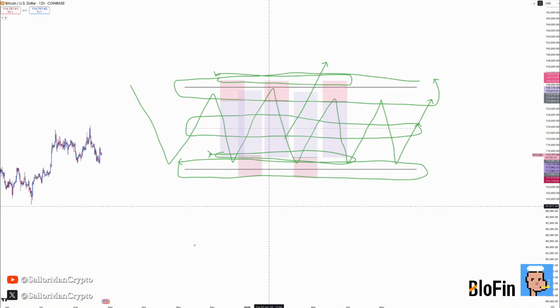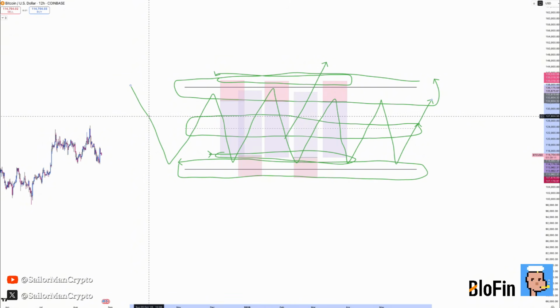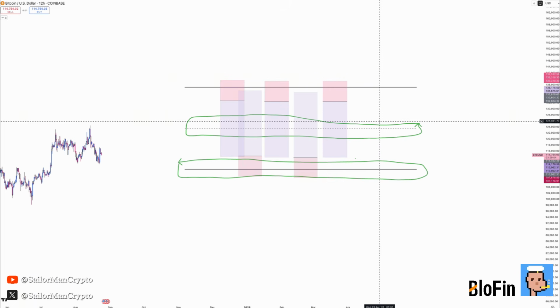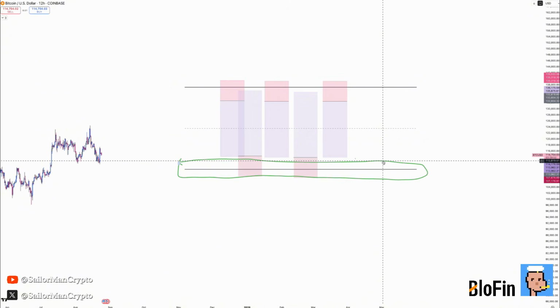The same could happen for the other side. Let me clean this a little bit. Give me just a second to make you see more clearly.